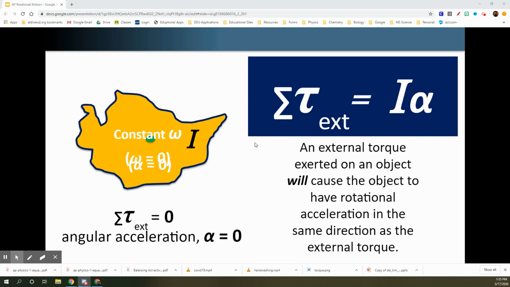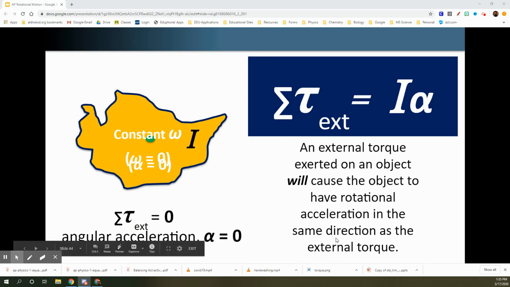Here, if there's no external torque, there's no rotational acceleration. This statement says an external torque exerted on an object will cause the object to have rotational acceleration in the same direction as the external torque.